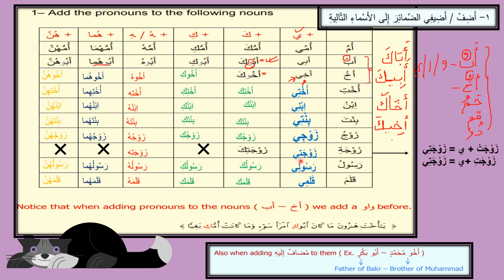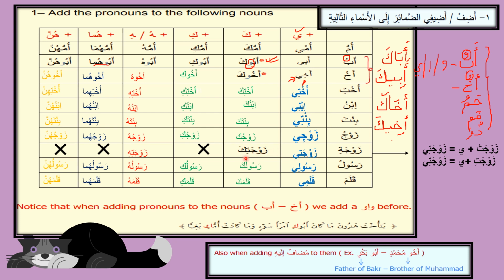Zawjati. So what happens when you need to attach a ya mutakallim with a noun that has the ta marbuta at the end? It's really very simple. You just need to open the ta, make a simple ta, the ta which is in a boat shape, zawjati, and then attach the ya mutakallim. So zawjati, my wife.